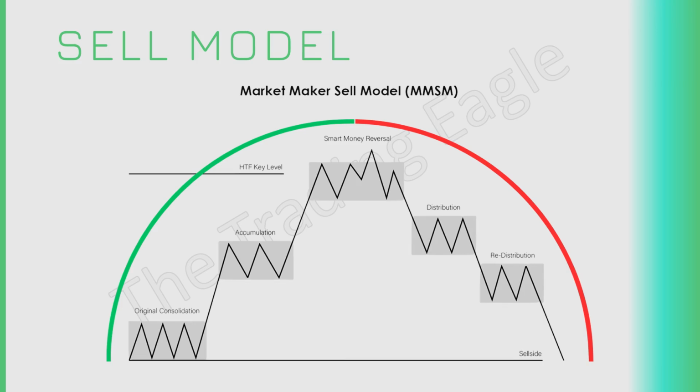And as you master these models, you notice that price often follows this exact sequence. So I'm going to show you how to spot this model in real time using some examples. So what are the things you can look out for? First of all, you can use your session timings, the kill zones.